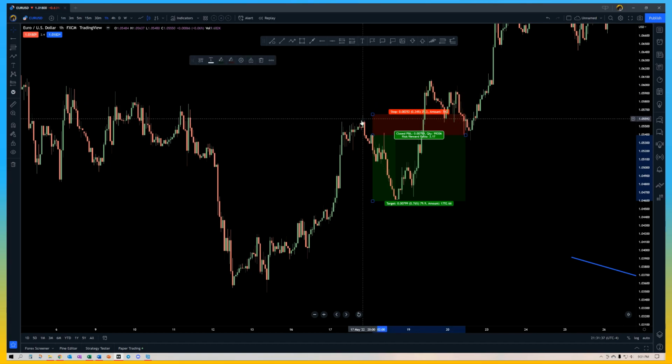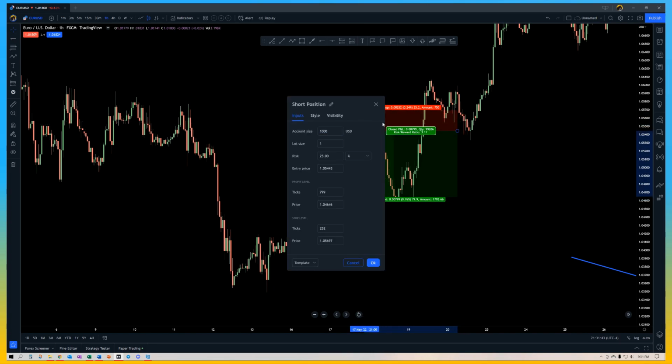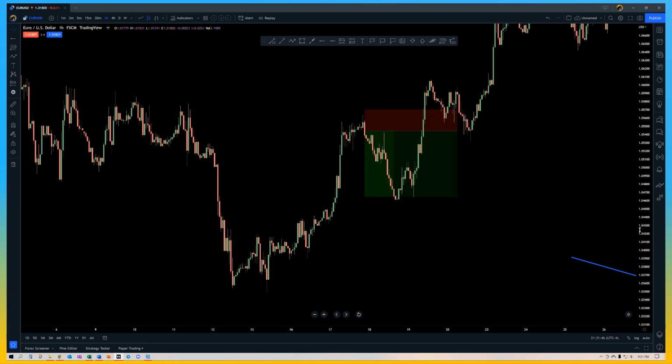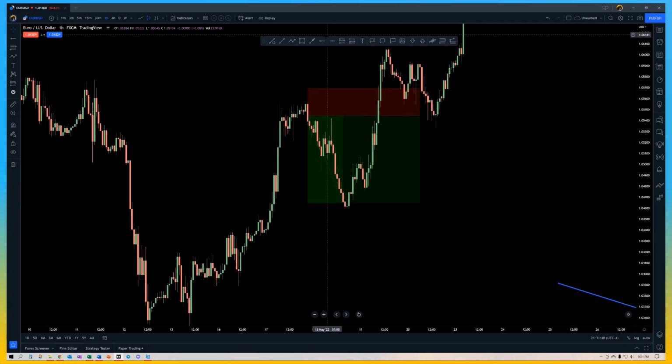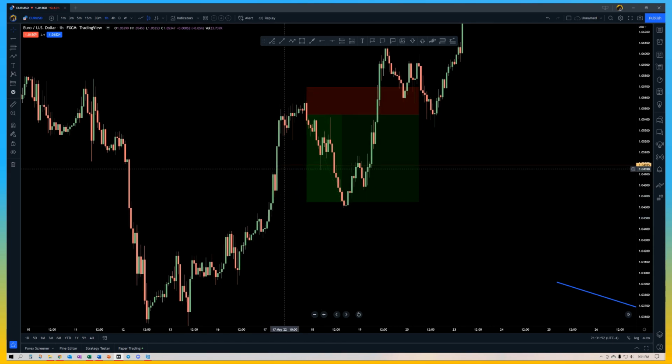If you could have gotten on a lower time frame, you could have gotten in probably just right up here at this structure break. So you could have even entered somewhere in here, and you're looking for price to come to the halfway point of this institutional candle.